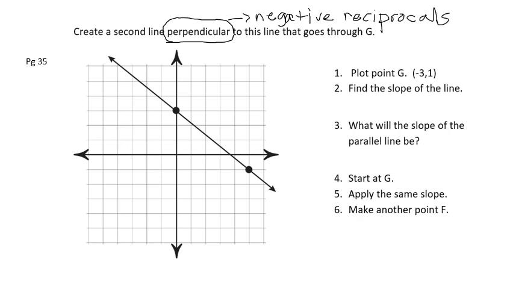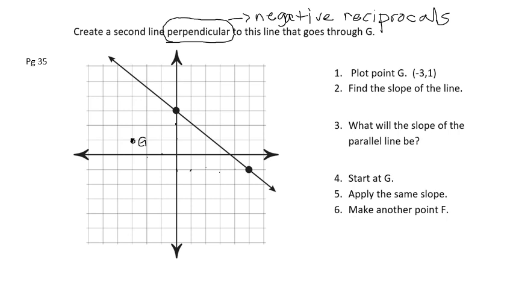So if we look at this line and we plot point G, same point, -3, 1. There we go. And we're going to double check the slope, but I bet it's going to be -4/5. So let's check. Down 2, 3, 4, over 2, 3, 4, 5 to the right.